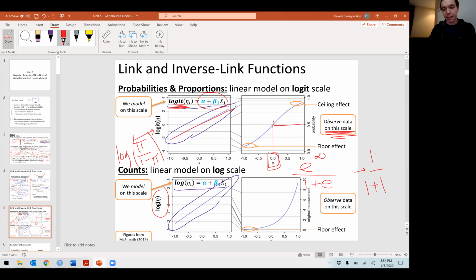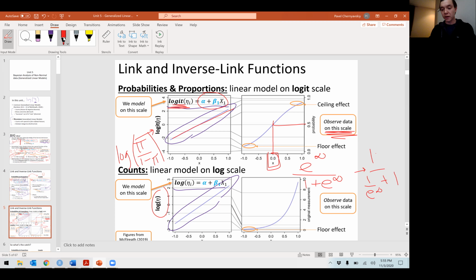Suppose it's infinity. Well, we have to be a little careful. We have to divide the numerator and the denominator by e to the infinity. If we do this, we get 1 in the numerator, and then we get 1 over e to the infinity plus 1.